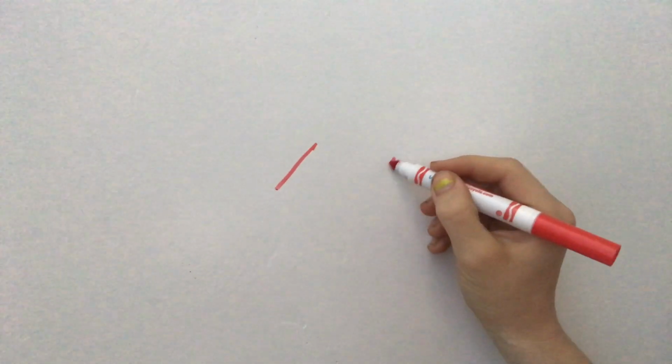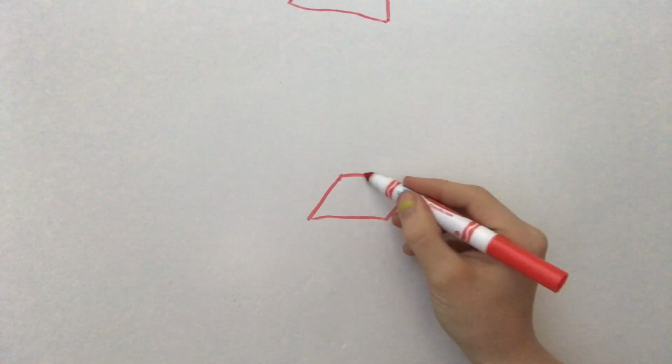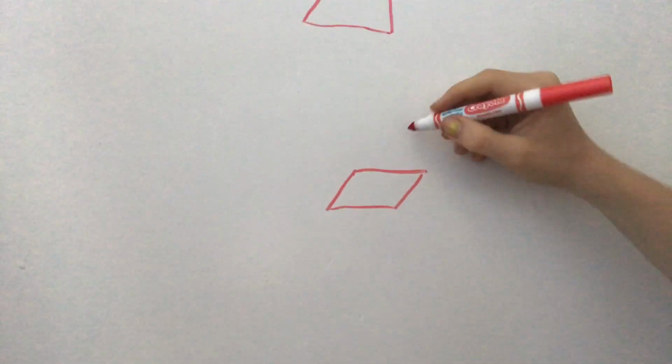So the only rule to a trapezoid is that it has at least one set of parallel sides, which leads us really well into our next shape, the parallelogram, which has two sets of parallel sides. That's not that good, but that's sort of what they look like.